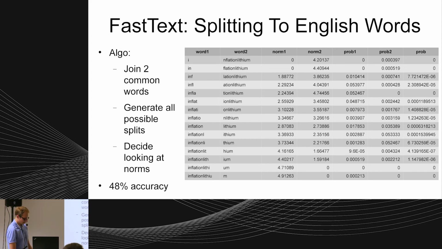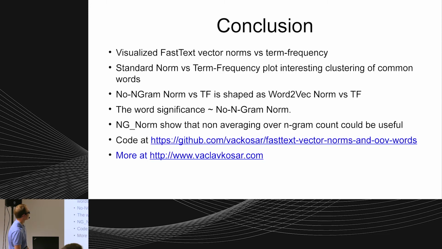And I did this simple experiment where I took 3,000 random pairs, concatenated the words, generated all possible splits, and just by looking at their norms, I was able to predict with a low accuracy of 47%, but it's interesting that you can actually do this with something that's not usually considered useful.